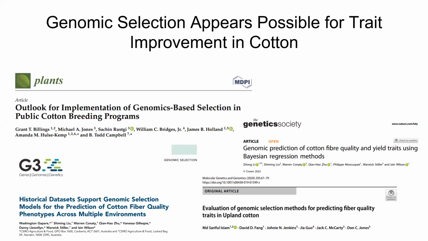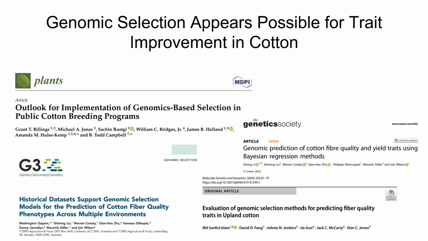I guess a lot in this case would be 4, but multiple, we've now seen this happening in multiple publications where we do think that it's possible to initiate genomic selection in public breeding programs. So our paper is shown here. If you're interested in the results or the methods about the results that we just discussed, you can find those in the Outlook for Implementation of Genomics-Based Selection in Public Cotton Breeding Programs by Billing et al.